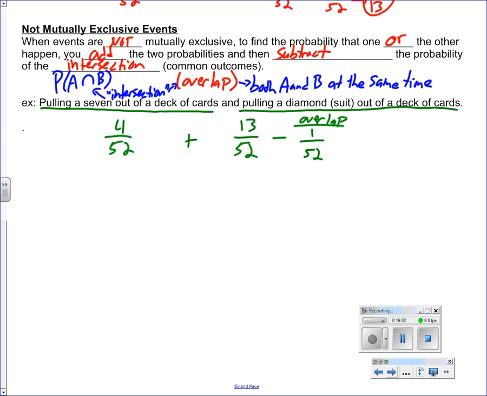There's one card that's both a 7 and a diamond, the 7 of diamonds. The reason we have to subtract it is because we counted it twice. We already counted it in one of the 4 sevens, and we counted it as one of the 13 diamonds, so we have to subtract it so we don't double count it. So we have 4 and 13, 17, minus 1, 16 out of 52, which then reduces to 4 out of 13.